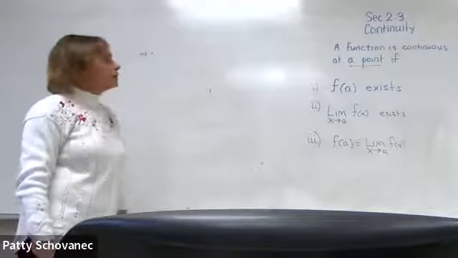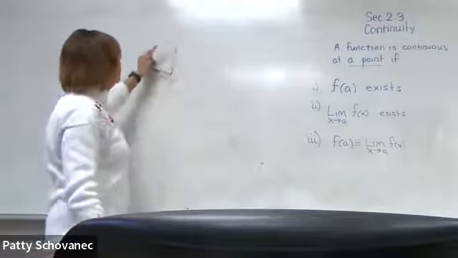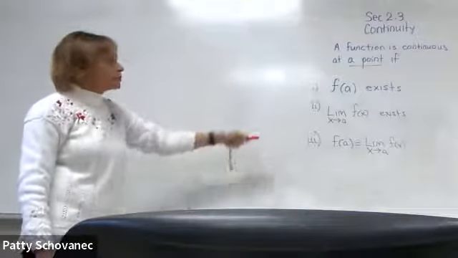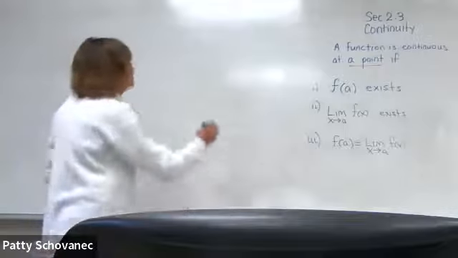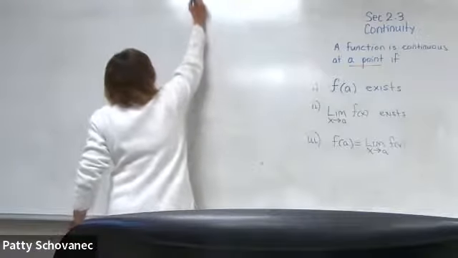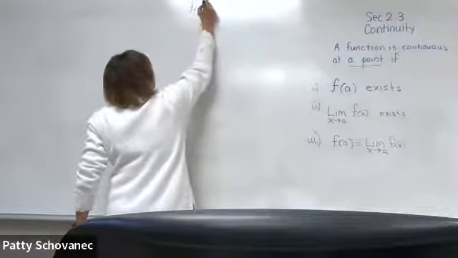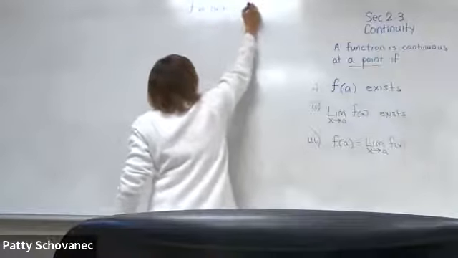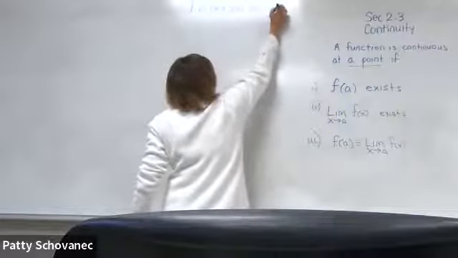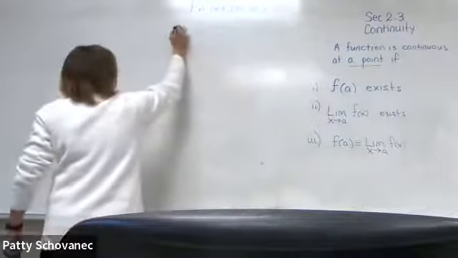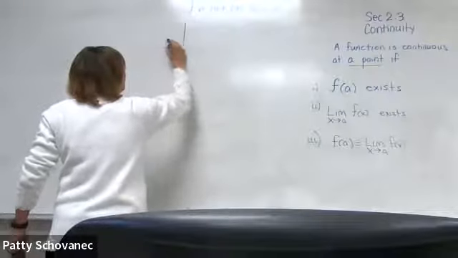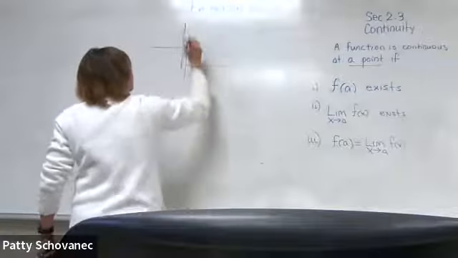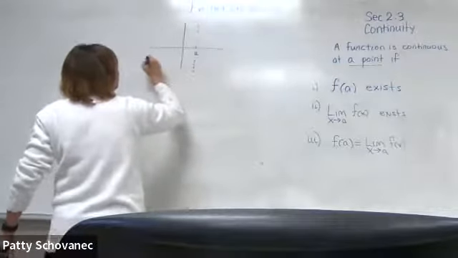So I'm going to draw you three graphs in which the function is not continuous at a point, and you'll tell me which of these three cases doesn't hold. Here are examples of a function f that is not continuous at x is a. First one, x is a, and I'm going to make it a vertical asymptote.